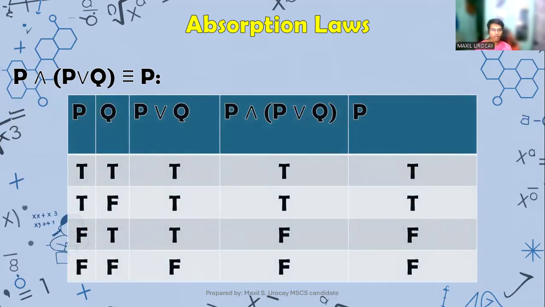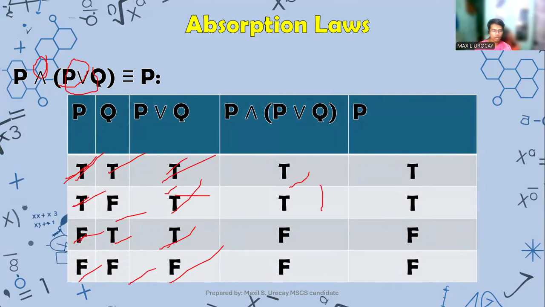Now let's work on that through a table. We calculate P or Q. That means true or true is true, true or false is true, false or true is true, and false or false is false. For calculating P and (P or Q): true and true is true, true and true is true, false and true is false, and false and false is false.